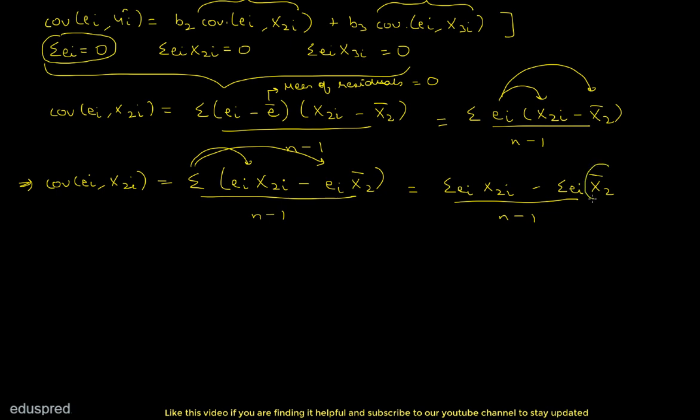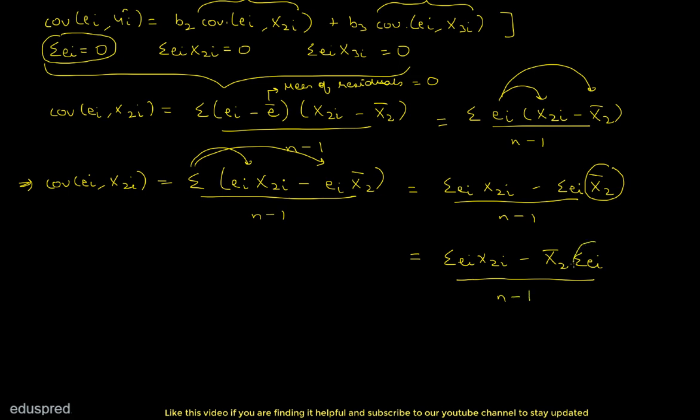Now see, x2 bar over here is the mean of the variable x2, and the mean of the variable x2 is going to be a constant. So I'm going to write this expression as summation of ei x2i minus x2 bar summation of ei, because this x2 bar can be written separately, and this entire thing is divided by n minus 1.